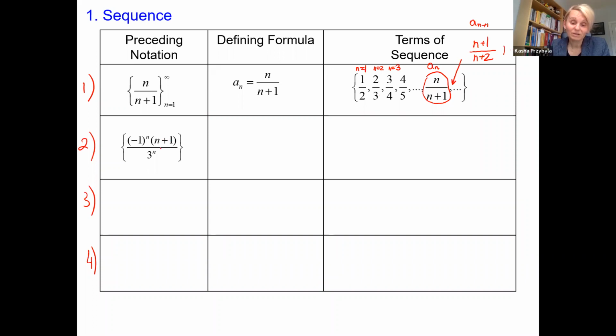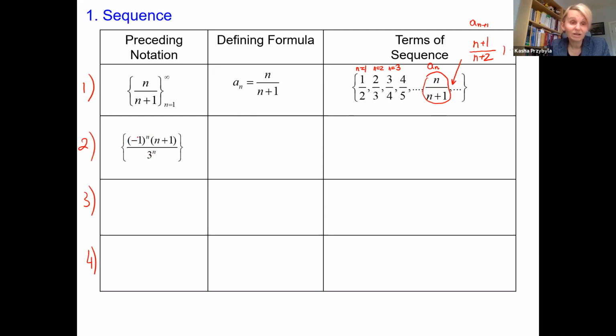Okay, that's when we have n plus 1 over 3 to the n, and we do have something which probably is a new thing, because we didn't really have this for the function. Part of the formula is negative 1 to the n. And we can see negative 1, if it's taken to the power of an odd number, will stay negative.